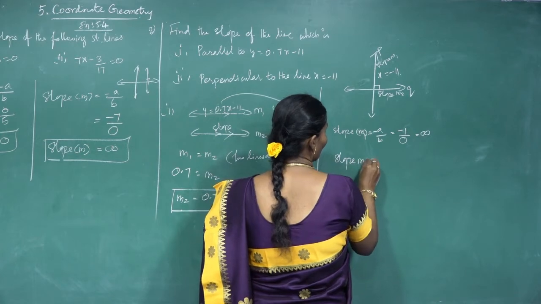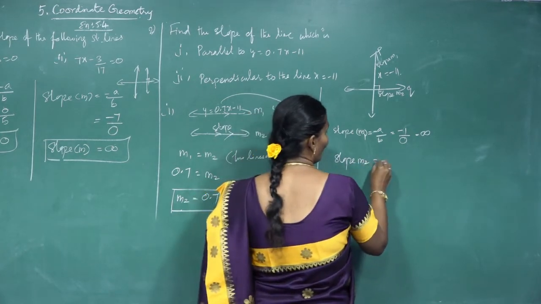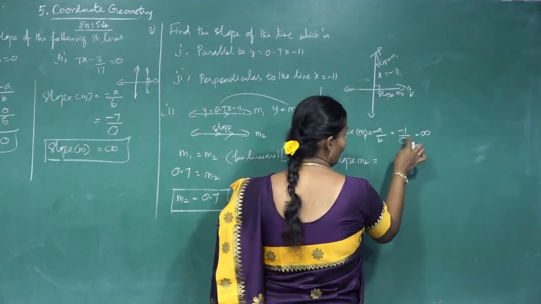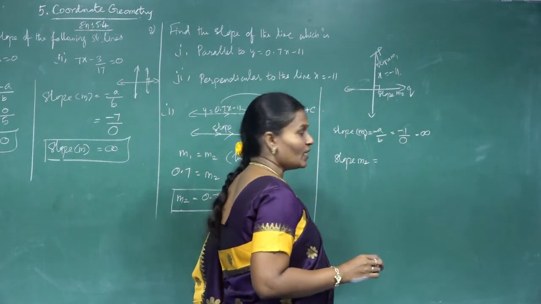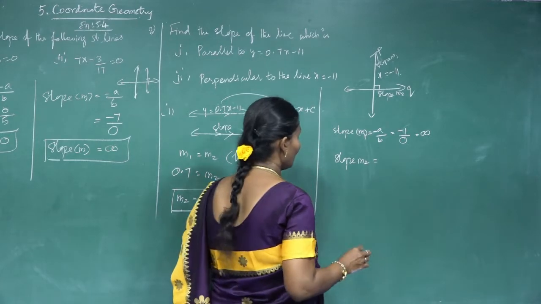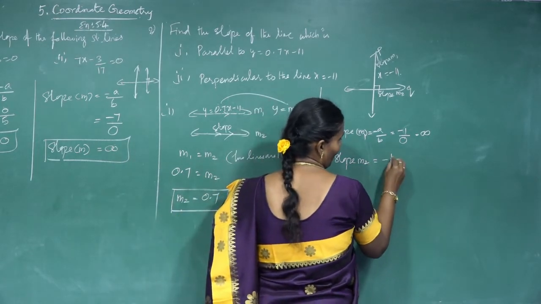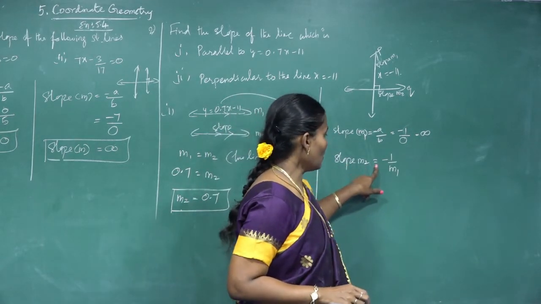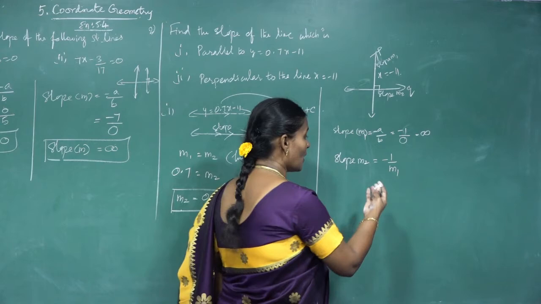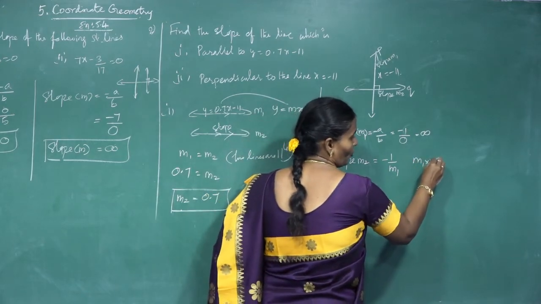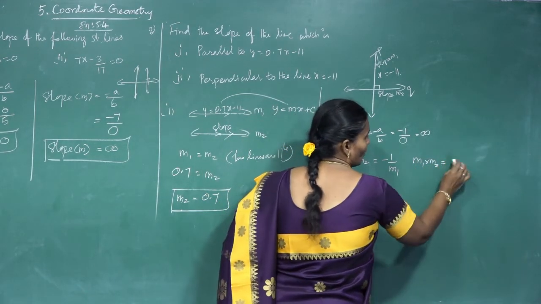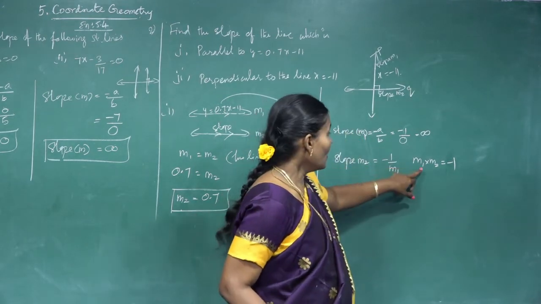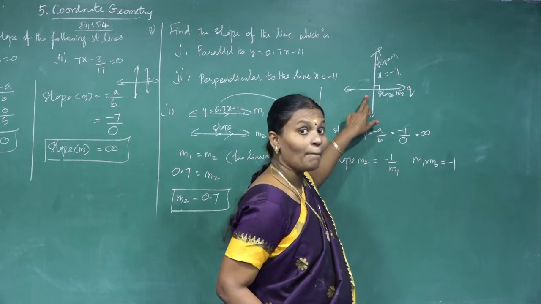Now find out the slope m2. Listen carefully. You know already that m2 is equal to minus 1 by m1. Am I correct, children? How does it come? m1 into m2 is equal to minus 1, because these two lines are perpendicular.